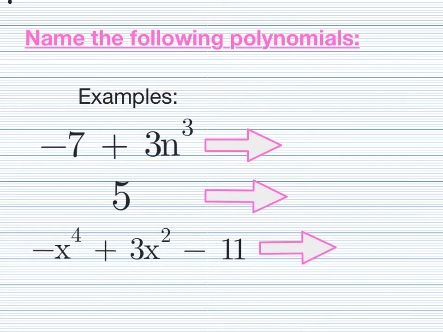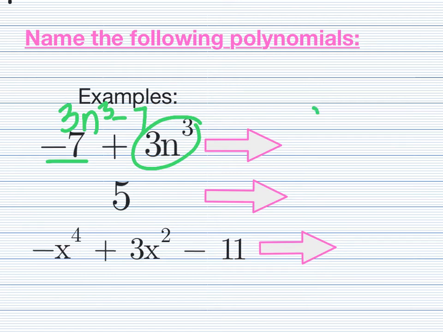So here are some examples of naming these polynomials. We need to make sure that when we are naming our polynomials based off the degree that we are in order. What I mean by that is 3n to the third on this first one needs to be written first because we can't name this polynomial based off the -7, saying that this is a constant polynomial. We have to put it in order, so 3n to the third minus 7. That will be the proper order of writing this polynomial. Again, you always start with the highest exponent.